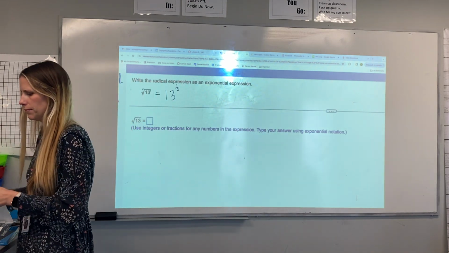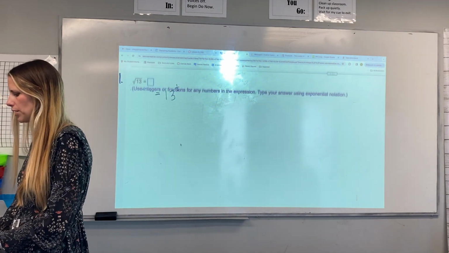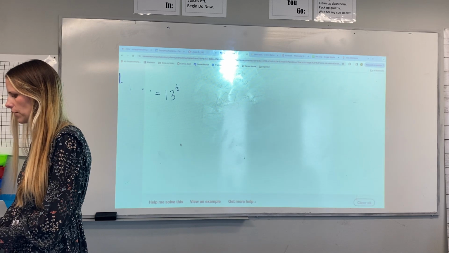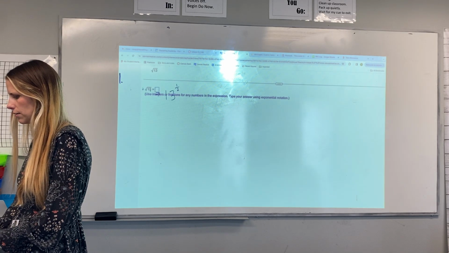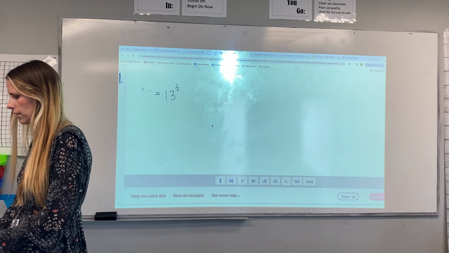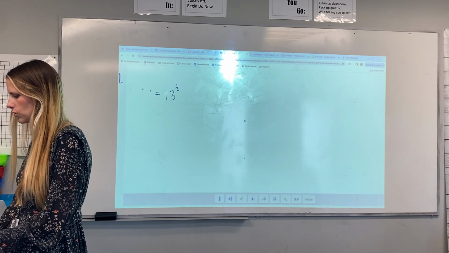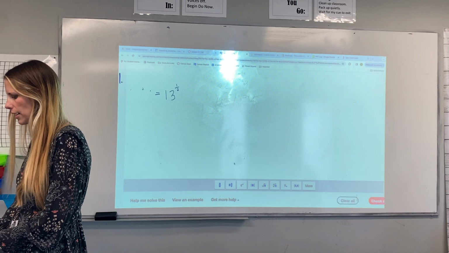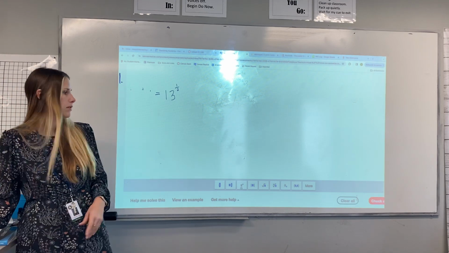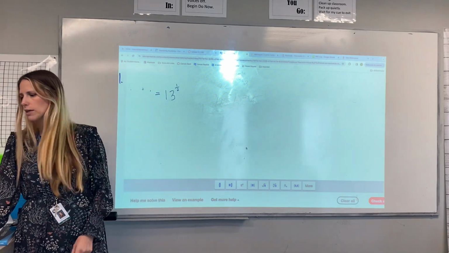It involves a bunch of buttons. The first thing you have to do is show that you want to write a base and an exponent. So you click this button. Can you see that? Down here, the base and the exponent.